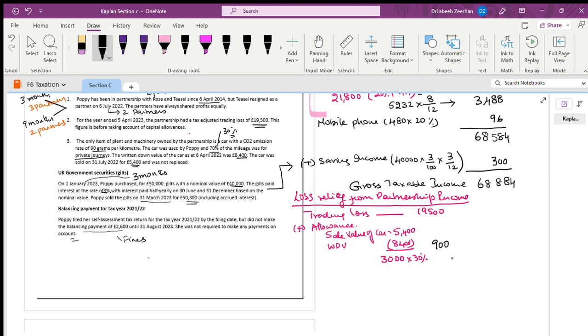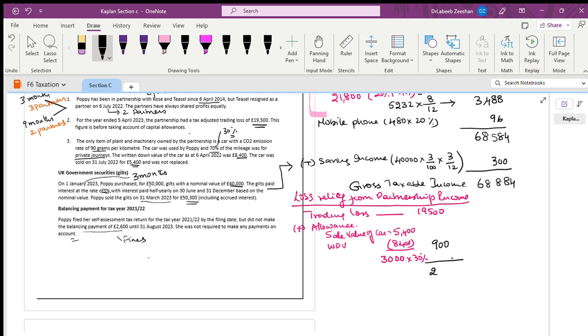Total loss is how much? 19,500 plus 900.